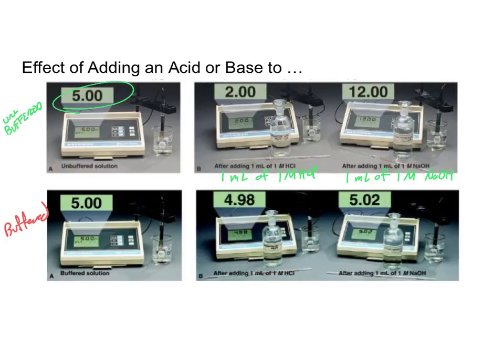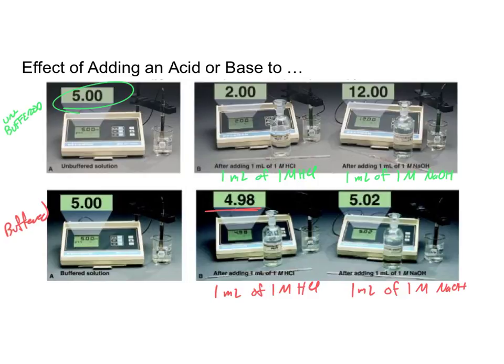Now in the buffered solution, we have a pH of 5. And so if I add again 1 milliliter of 1 molar HCl, the pH only drops by 0.02. And if I add 1 milliliter of 1 molar NaOH, the pH only increases by 0.02.